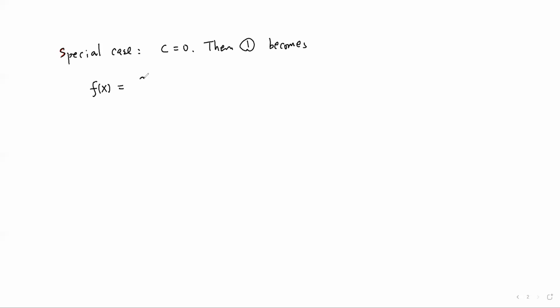F of x is f of, now c is 0, so f of 0 plus 1 over 1 factorial derivative at c, now c is 0, times x minus c, so x, plus 1 over 2 factorial f second derivative at 0, x minus c squared, so x squared, and so on.